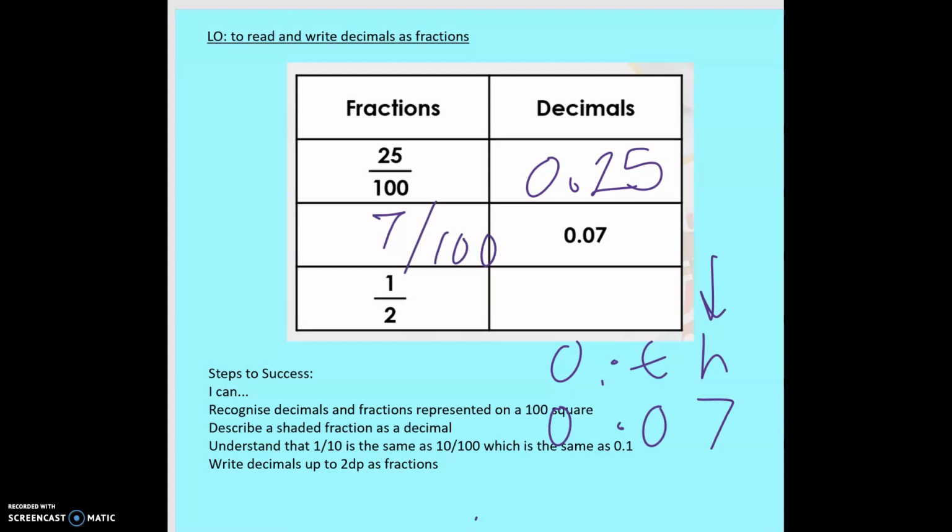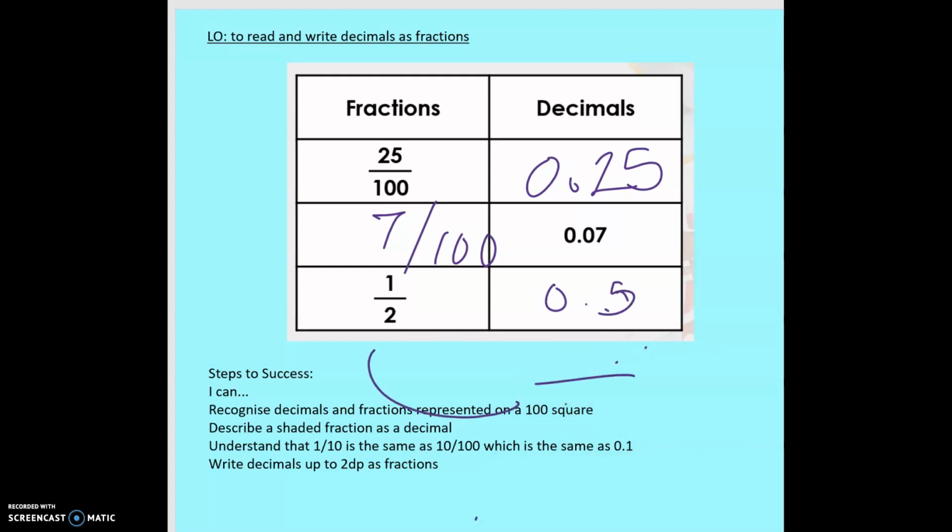And then we've got a half. Now, it's just good knowledge for you to know what the decimal is for 1/2. What's half of 1, essentially? We know that half of 1 is 0.5, so that's going to be a half. I'm just going to show you so you can see that. 5 into 100ths.